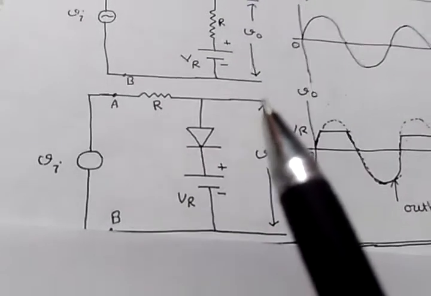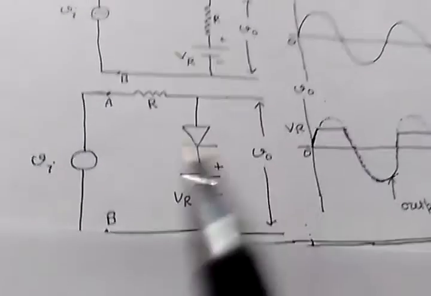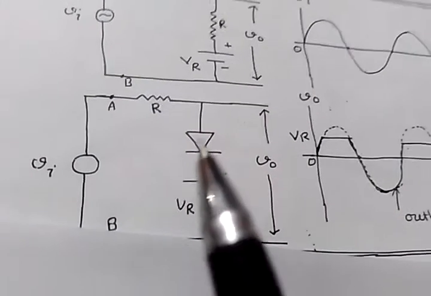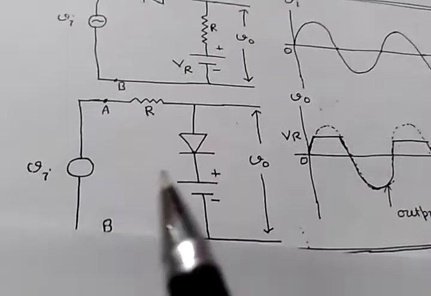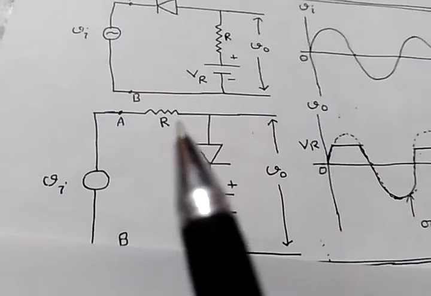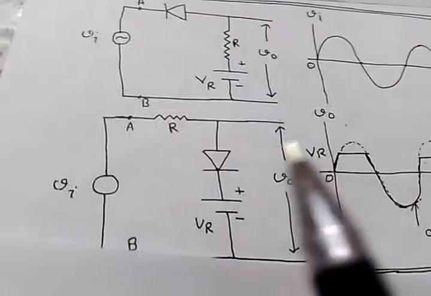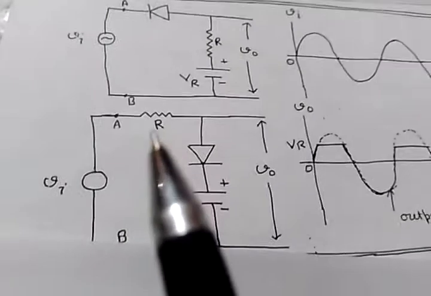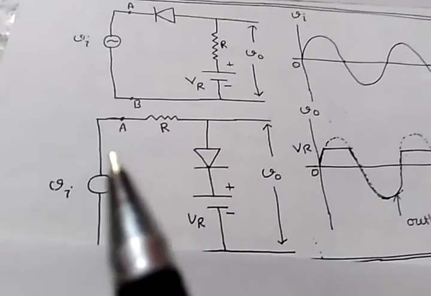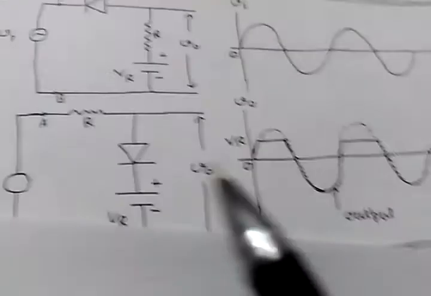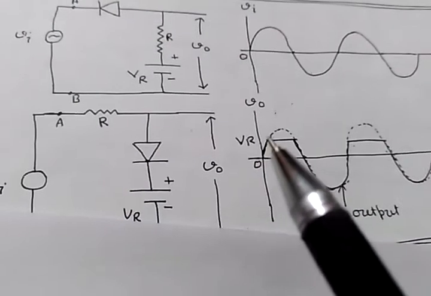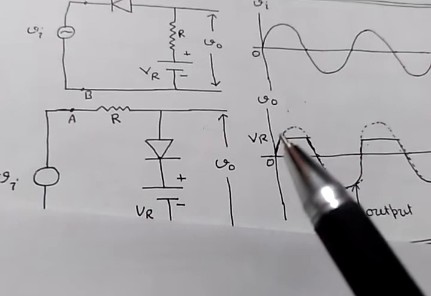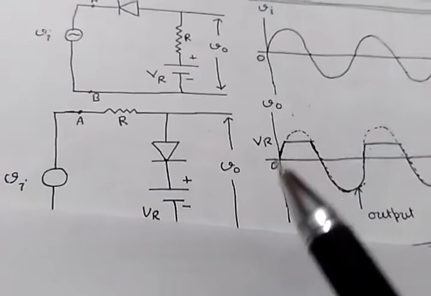So in that case, the output voltage will follow the input voltage because due to the open circuit, no current will flow through the circuit and the voltage across this resistance R will be 0. So the output voltage will be the same as the input voltage during the positive half cycle, with the condition Vi is less than VR. So for this portion of the input signal, we will get the output same as the input, which is indicated here by the solid line.